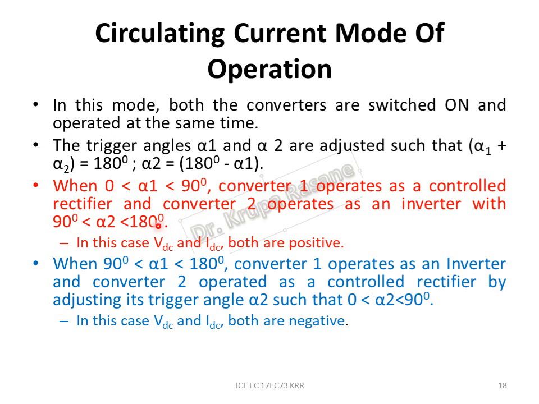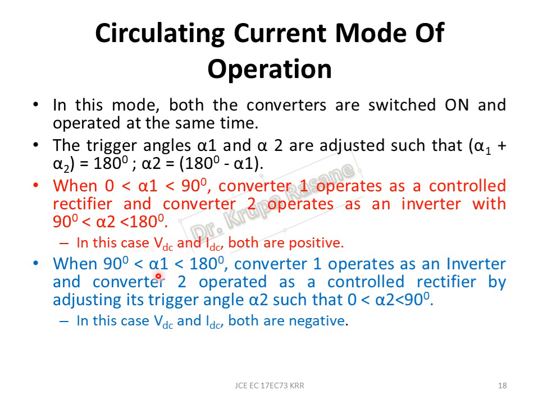So we know that you can be either in rectification mode or inversion mode. If alpha is less than 90 degrees, it is rectification. If alpha is greater than 90, it is inverter. So when converter 1 is having alpha less than 90 degrees, converter 2 should work in the other mode, that is inverter mode. In this case, VDC and IDC both are going to be positive.